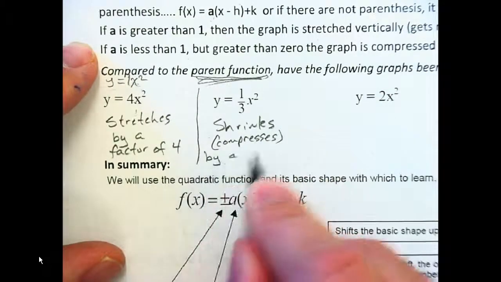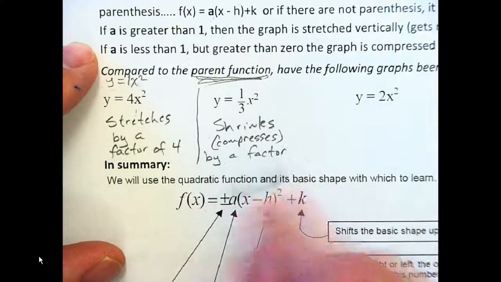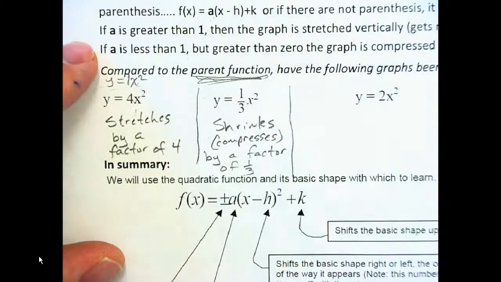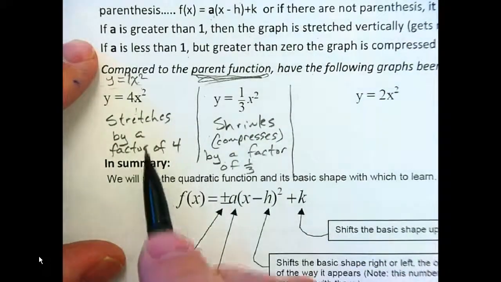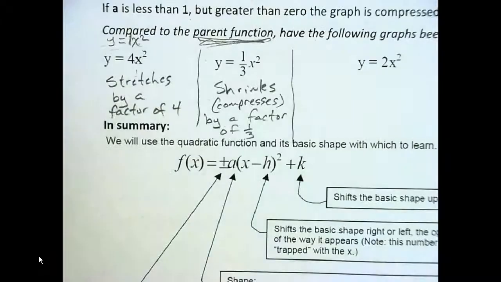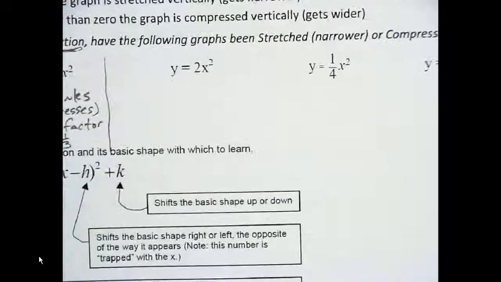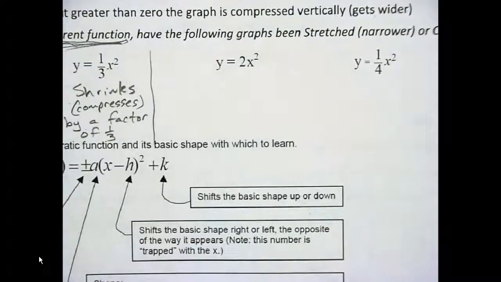By a factor of 1/3. So it gets flatter. This one gets narrower, skinny. It goes on a diet.